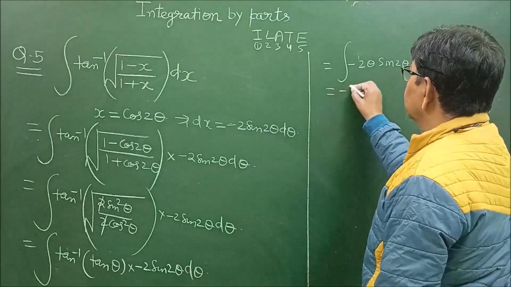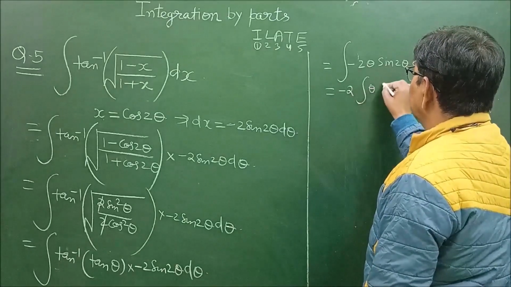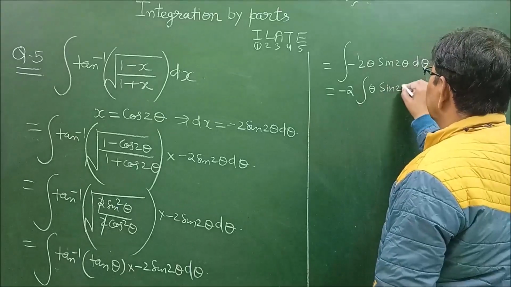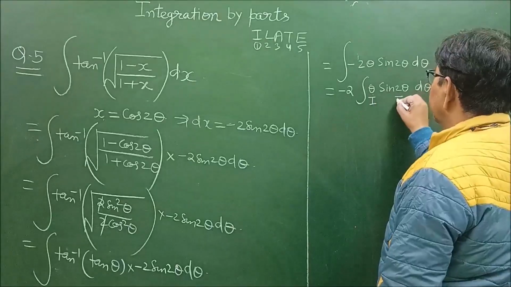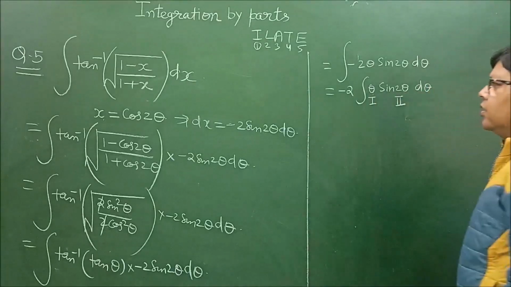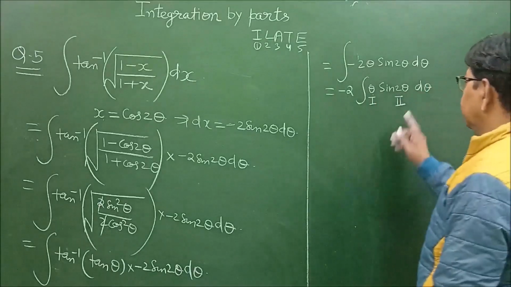Now minus 2 is out, integral of theta sin 2 theta d theta, taking theta as the first function and sin 2 theta as the second function. We can integrate this.